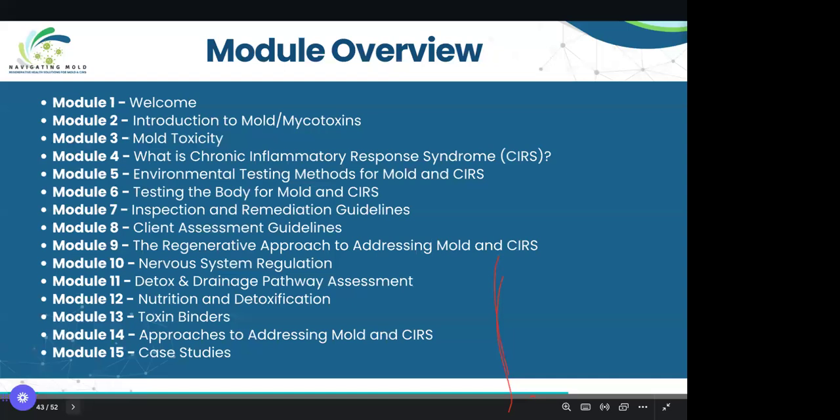We're going to go into binders. There's so many different binders on the market. And we're also going to compare and contrast the other approaches on the marketplace, because as individuals, I think practitioners and individuals need to know what options are out there. And sometimes people need to pull from different things. And our last module will be fully looking at case studies of clients.